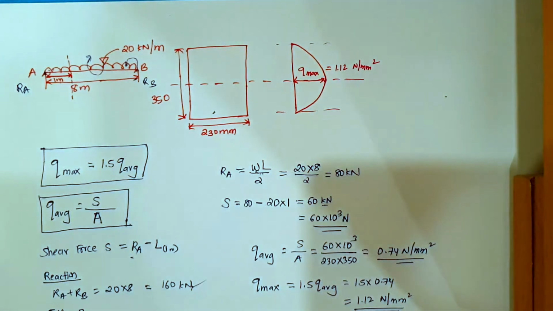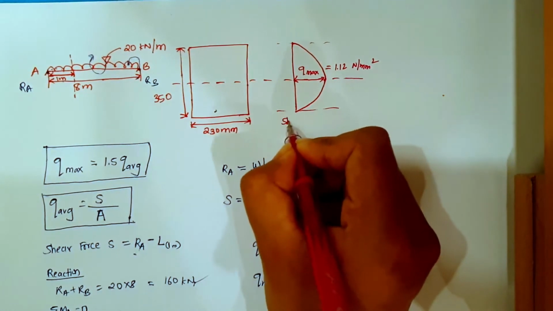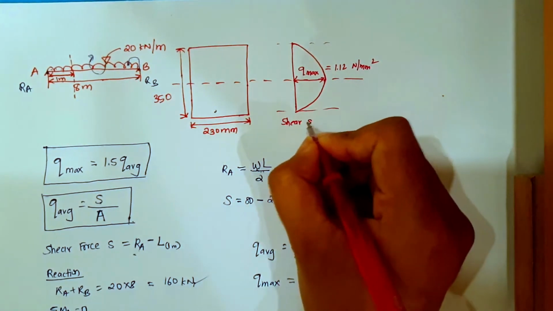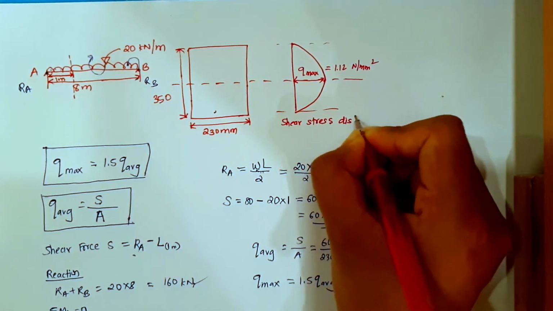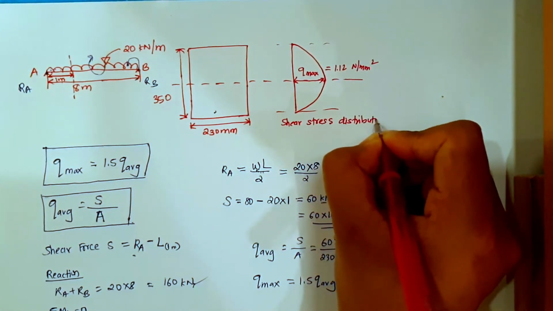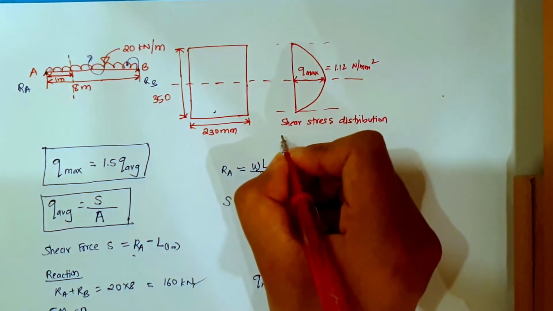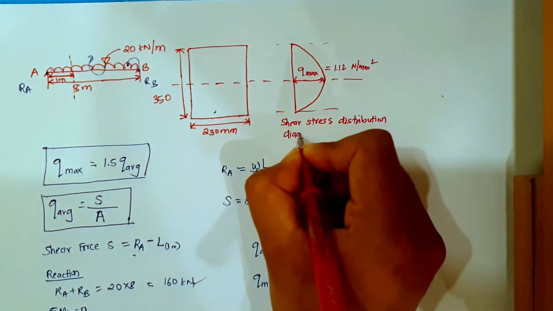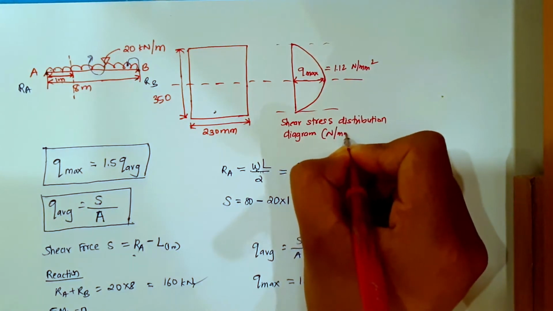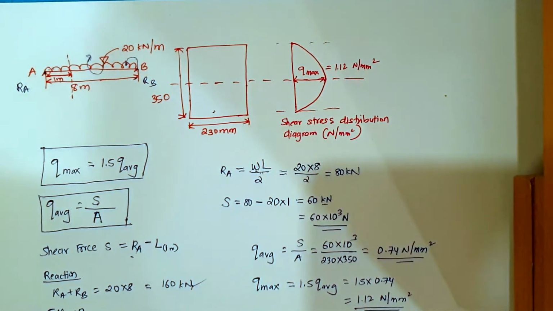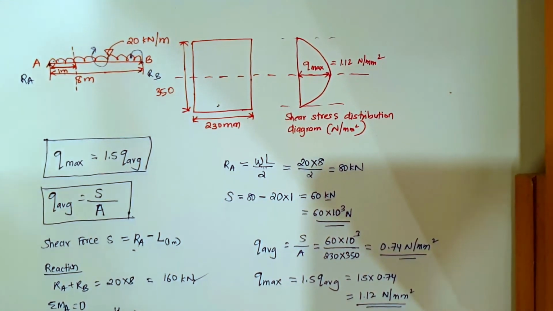Okay, so this is the shear stress distribution diagram in Newton per mm square. So I hope this numerical is also clear.